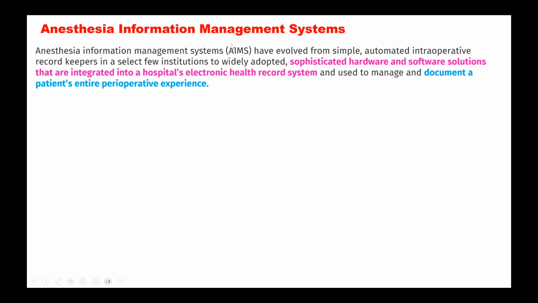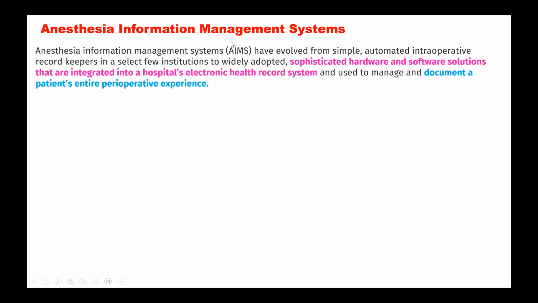Using this information, you can manage the patient much better, and the system that is used is basically electronic nowadays. That is, you are using hardware and software to manage that. So that is the most important definition of anesthesia information. Three parts are there. One is you know the entire history, behavior, and the details of the patient.